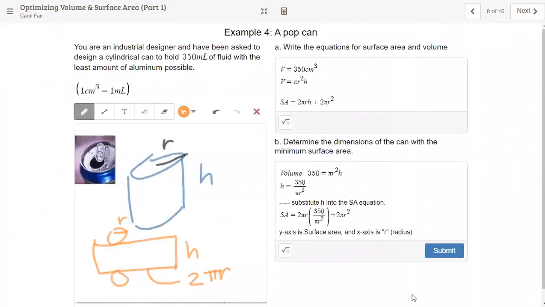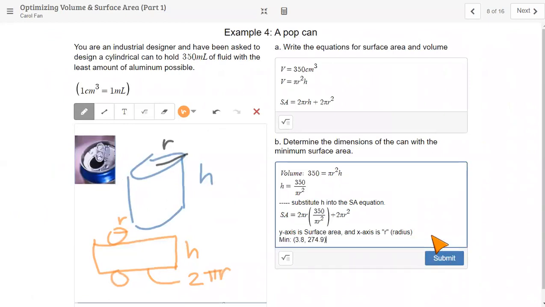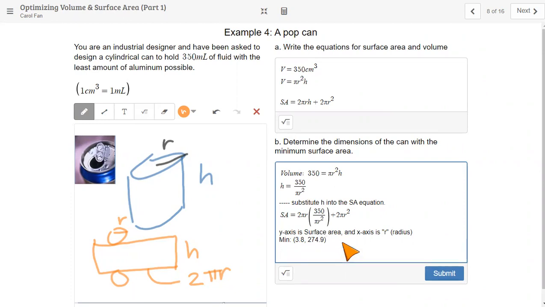So when we come back here, we know that the radius that will produce the can that has the least amount of surface area will be one that has a radius of 3.8. I'm going to put it back into my height so that I can find the height of this shape as well.